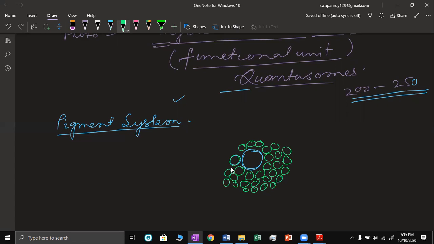These are called the antenna molecules. And that center point is known as the reaction center.